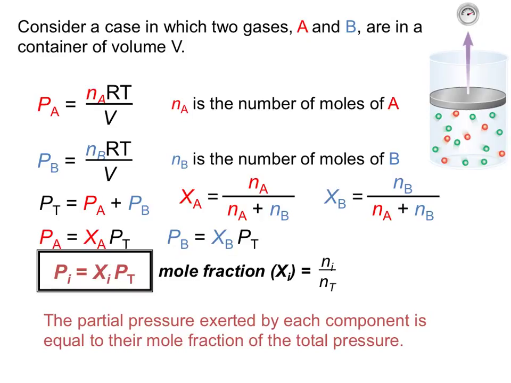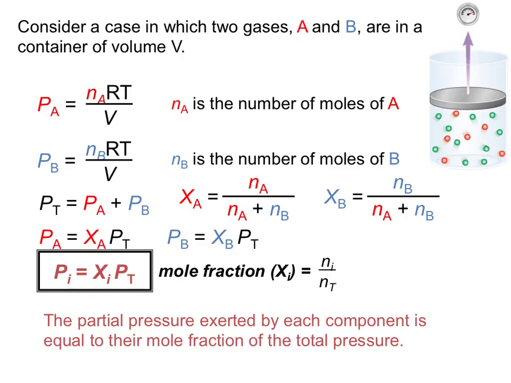The same thing is true with the mole fraction of B times the total pressure. That'll give us the partial pressure of B. So in a generic way, the partial pressure of a specific gas will be equal to the mole fraction of that specific gas times the total pressure. Basically, it's like looking at the decimal form percentage that each gas occupies within a specific container and then multiplying it by the total pressure.